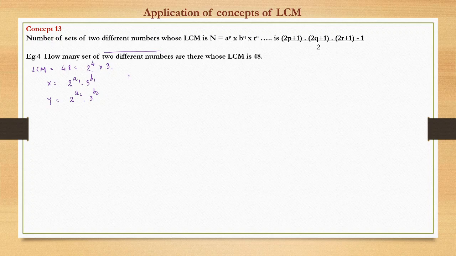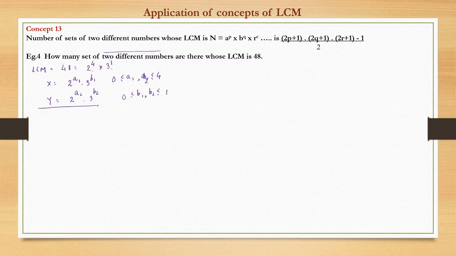Now here a1, a2 can take values from what? a1 and a2 can take values where the maximum can be 4 and the minimum can be 0. Similarly, b1, b2 is an index of 3, and the maximum can be 1 and the minimum can be 0. Okay, so this we have seen.